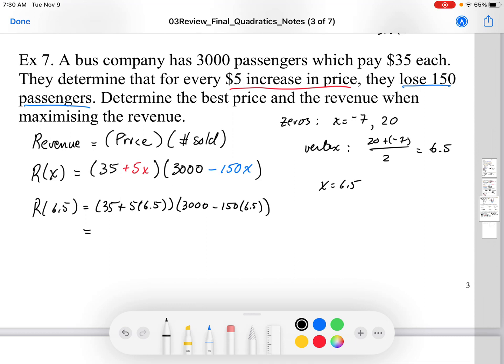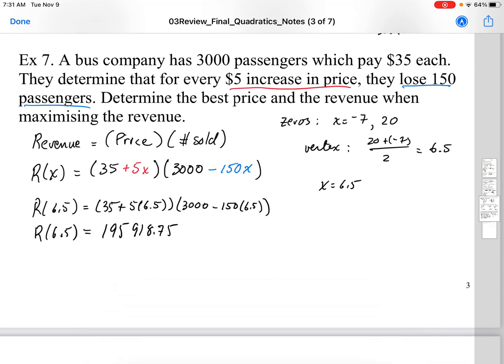And I can calculate my vertex, or my max revenue, based on that calculation. So I'm just going to type that in my calculator here. So 35 plus 5 times 6.5 times 3,000 minus 150 times 6.5. So that 6.5 represents the number of increases and decreases of $5 and 150 passengers, respectively. So I end up with $195,918.75. Okay, so that represents my maximum revenue when x is 6.5.